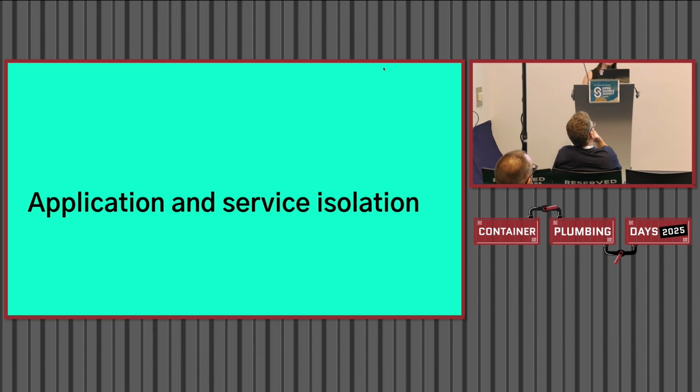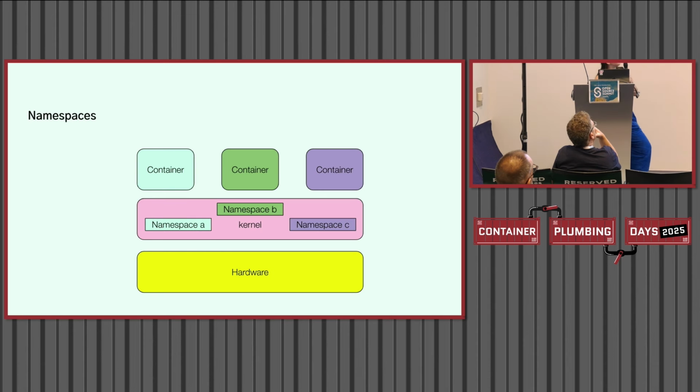There we are, application and service isolation. So this is our first category we're going to talk about. I'm going to go over these very briefly, just for the sake of time, but these are a bunch of different technologies that operate within the Linux kernel to provide something more like isolation around your container, right?